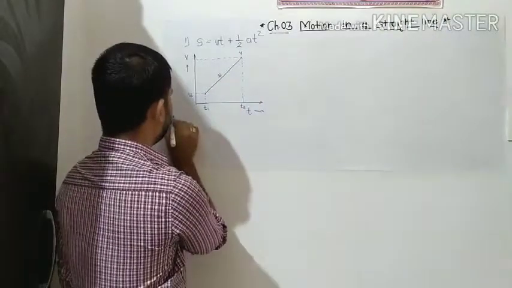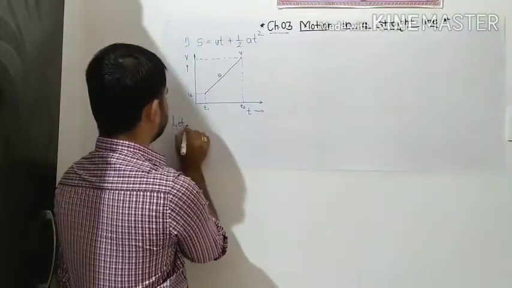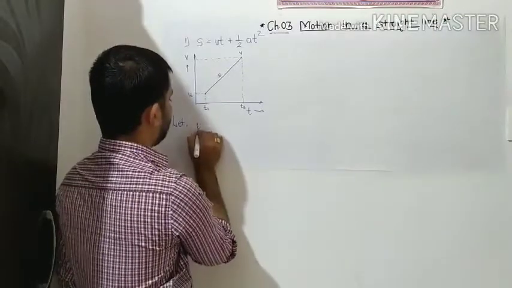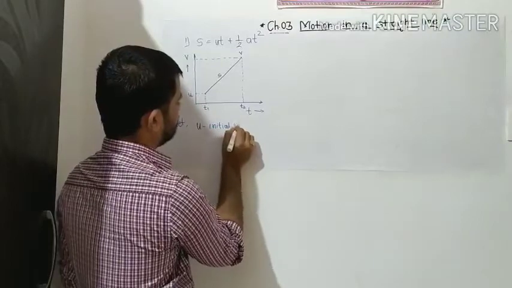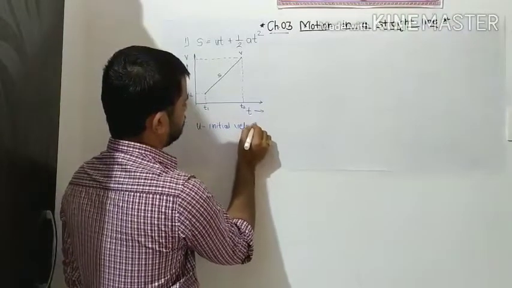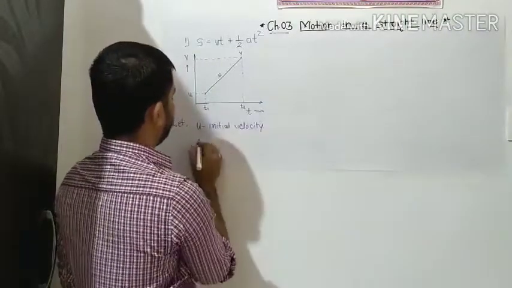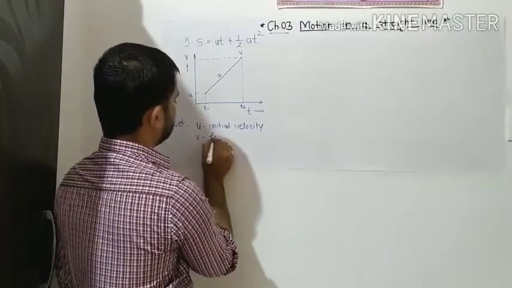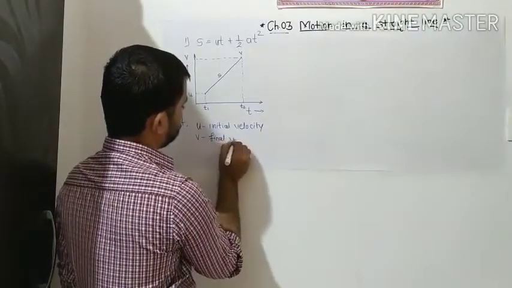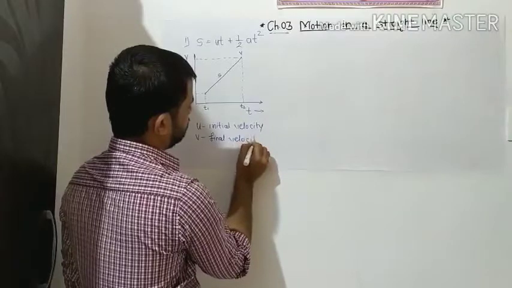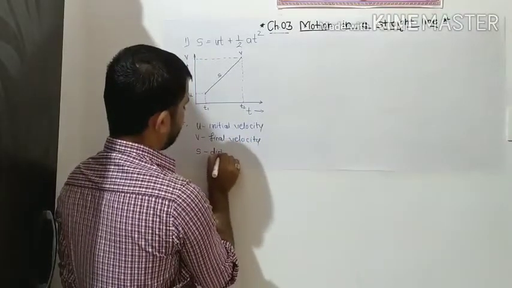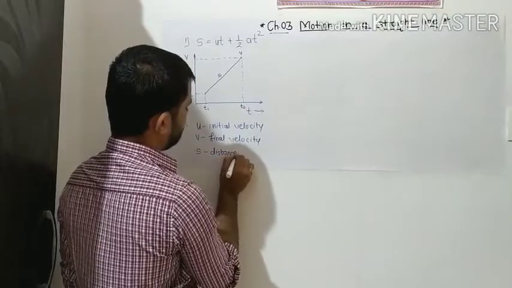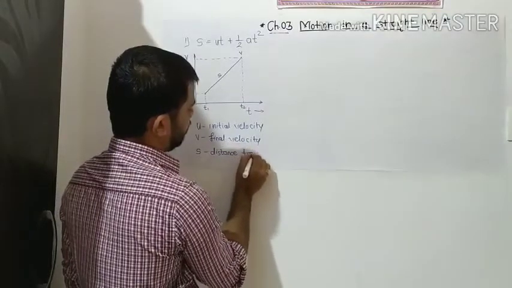Let u be the initial velocity, v be the final velocity, and s be the distance traveled.